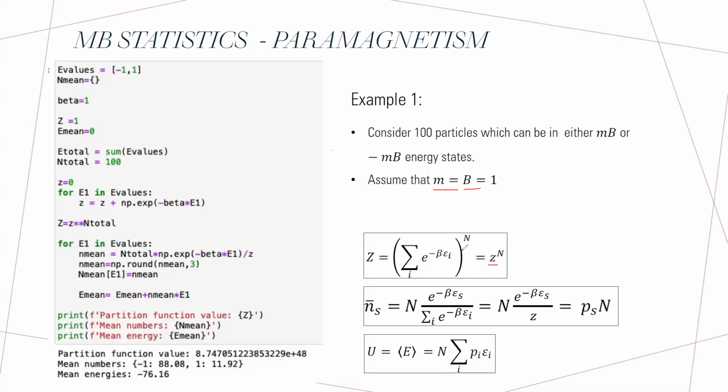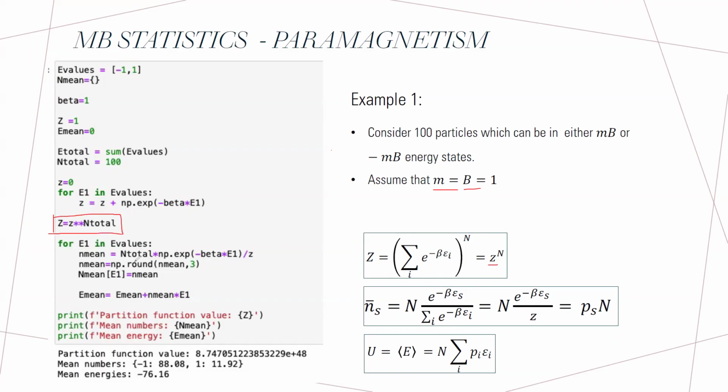Next we are calculating the partition function of the system. So that is the partition function of a single particle to the power number of particles. So that is what we are doing over here.